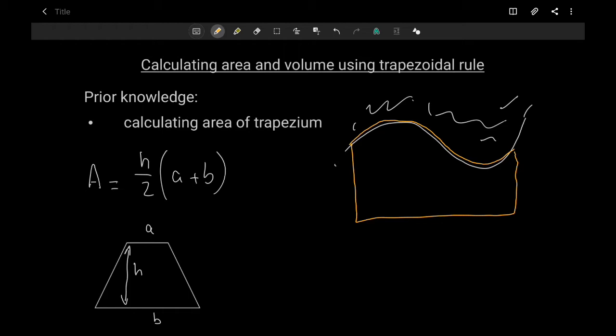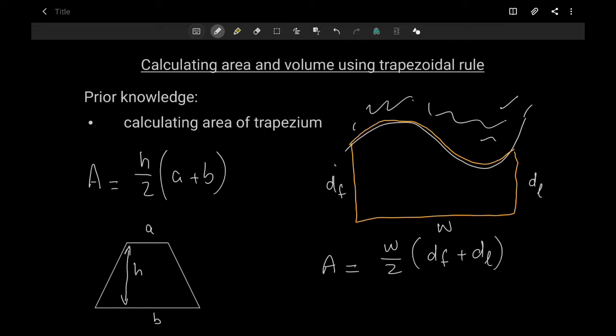So the formula that we use to calculate the area of the sand using the trapezoidal rule is as follows. Area is equal to W over 2, bracket dF plus dL.